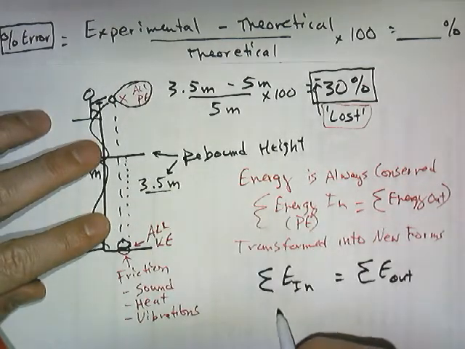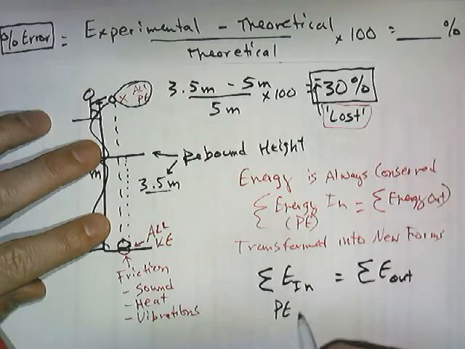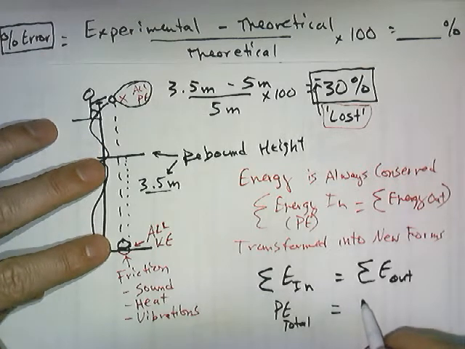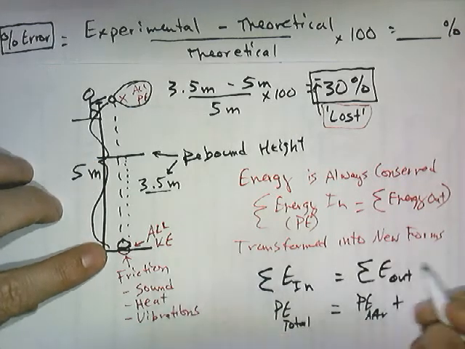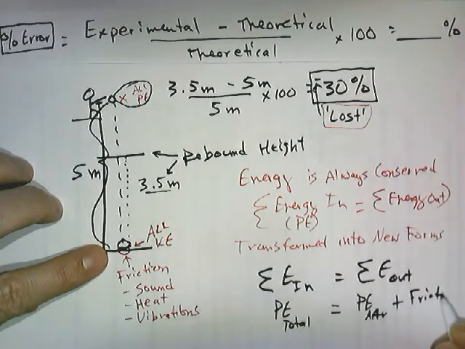So we'll call it PE total at the beginning, and it is going to equal my total potential energy after the collision with the floor, plus all of those forms of friction, including the sound, the heat, and the vibrations.